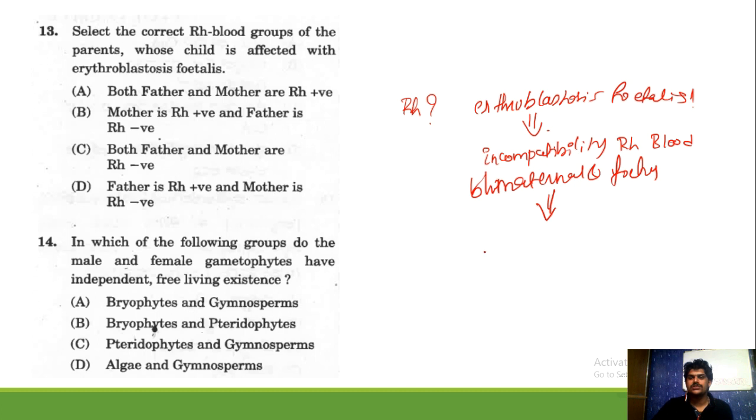What is the condition for this erythroblastosis fetalis? The condition is that the mother is always Rh negative, and the fetus blood group will be Rh positive. This particular thing is applied in the question.